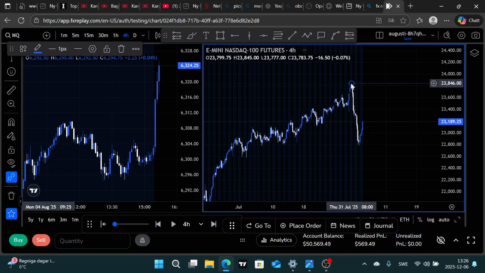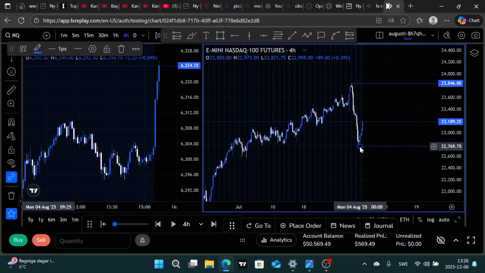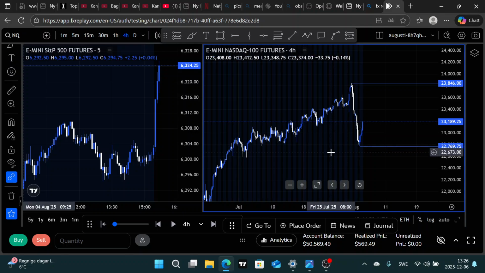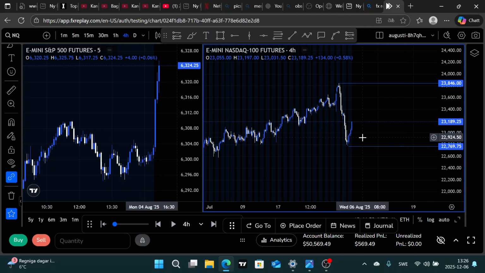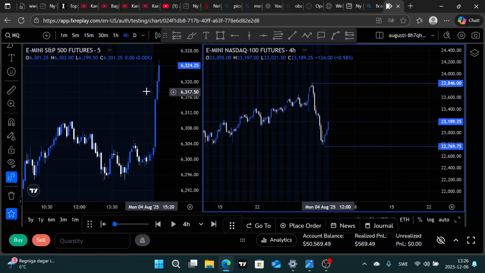So here we have external buy side liquidity and external sell side liquidity at the moment. What do we see? We see all these sell sides which need to be taken, not now.